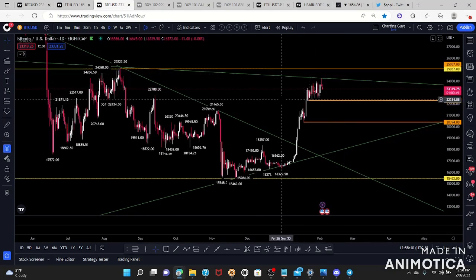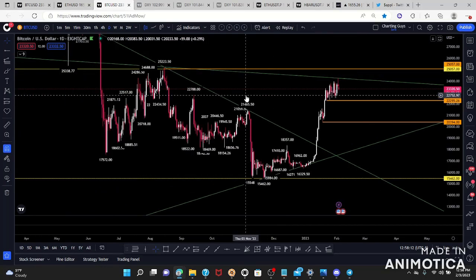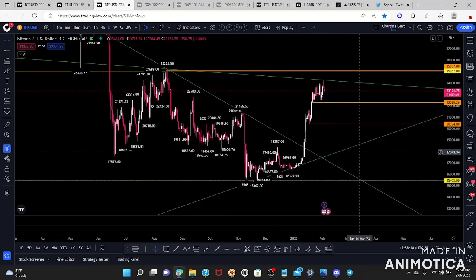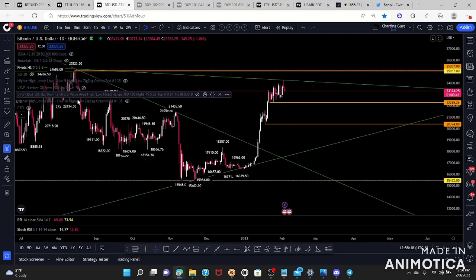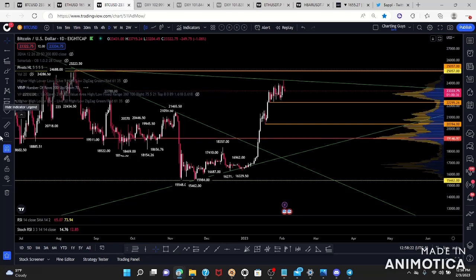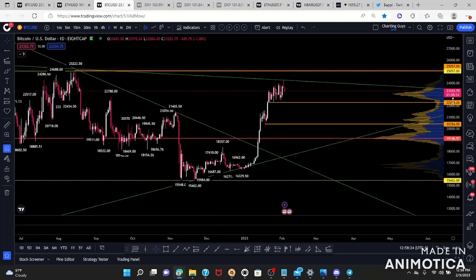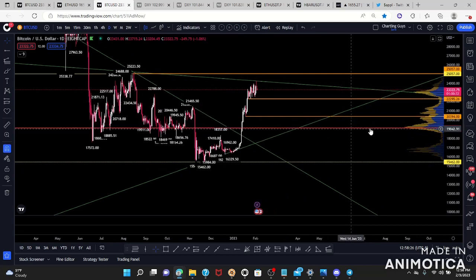So this is my daily range. Okay, so now that you have your trend lines, you have your daily range, you could definitely turn on your VRVP, and that just gives you a good perspective, a good view where price action may return to.